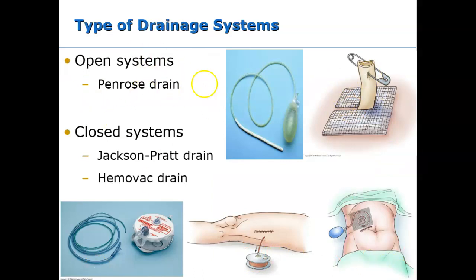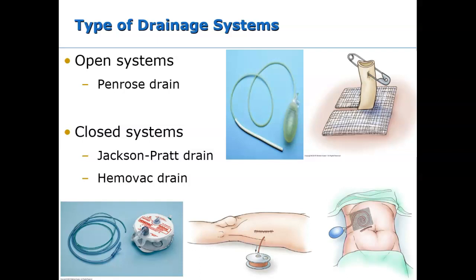Open systems use a Penrose drain. They pull away extra fluid in enclosed areas to decrease the pressure and increase the healing. The drains can be either open or closed systems. I don't see these very often anymore, because I feel like I saw them a lot in the hospital, but the Penrose drain is the one I think I see the most.